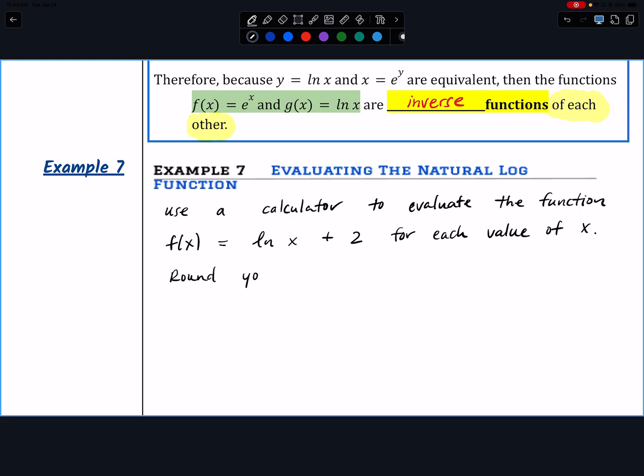Round your answer to the nearest 3 places.